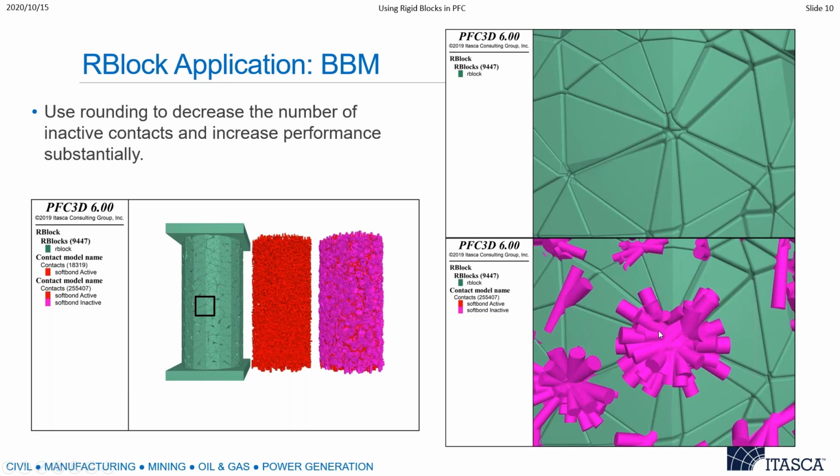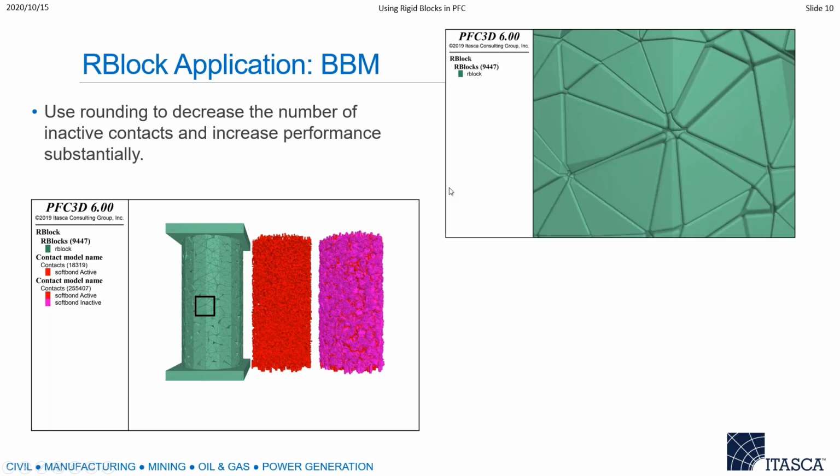Those inactive contacts don't affect the mechanical response of the model, but they affect the computational time. So you have the ability to use rounding to decrease the number of those inactive contacts and have much better performance in PFC.